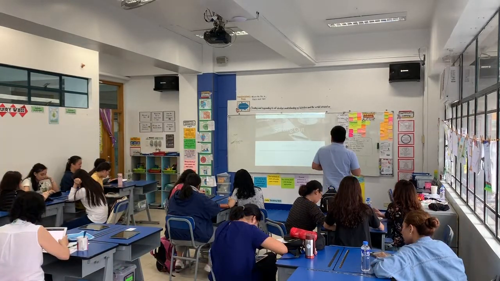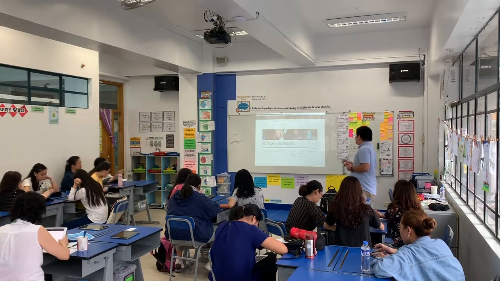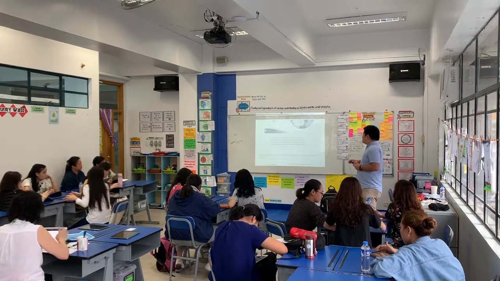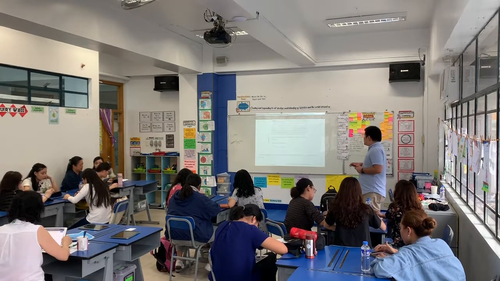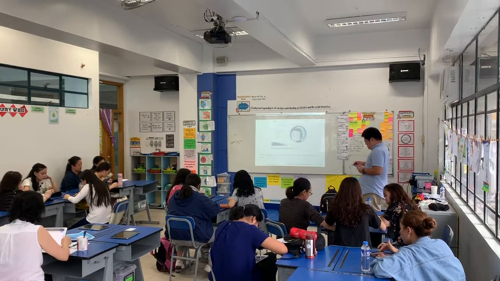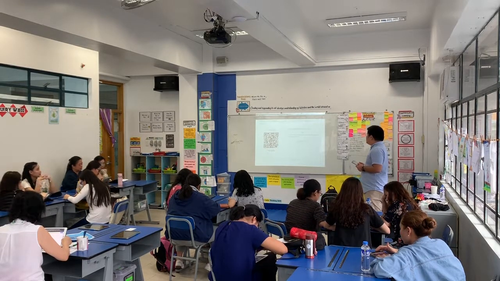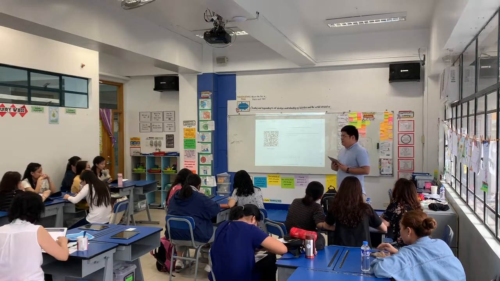Here we have sorting out. So I have just a simple resource for you to read about how we can use technology inside our PYP classrooms. And then later on, you can use Book Creator, which is on your iPad.